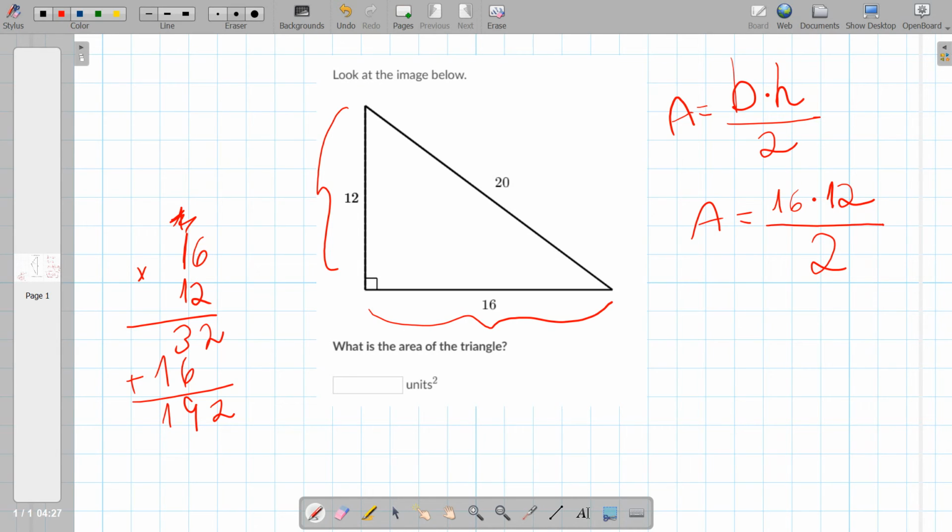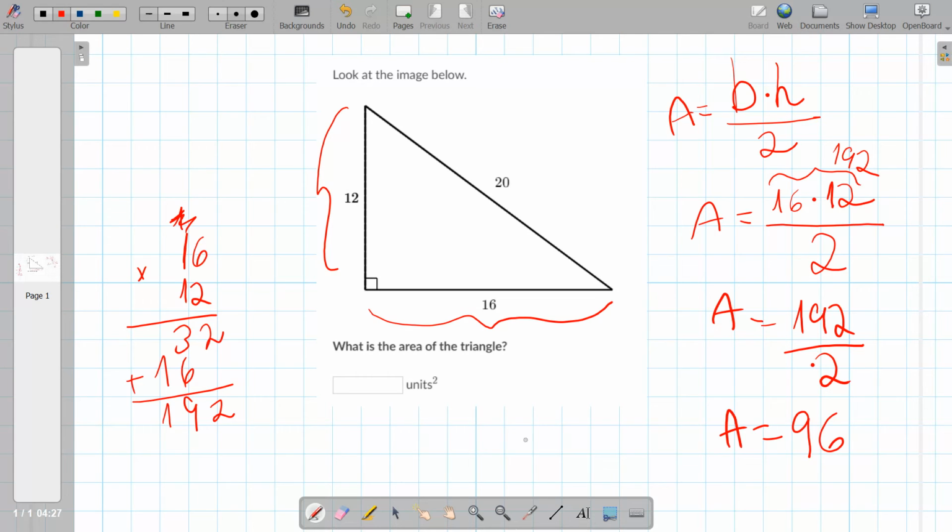So this is 192, so the area is 192 divided by 2. 180 divided by 2 is 90, and 12 divided by 2 is 6, so the area is 96.